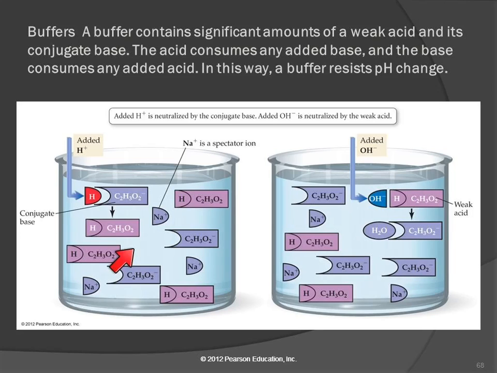If we add hydroxide, a base, the hydroxide will react with this weak acid and take its hydrogen ion, and it'll form acetate ion. But in both of these situations, we do not have any extra hydrogen ion or hydroxide ion being formed in the solution.